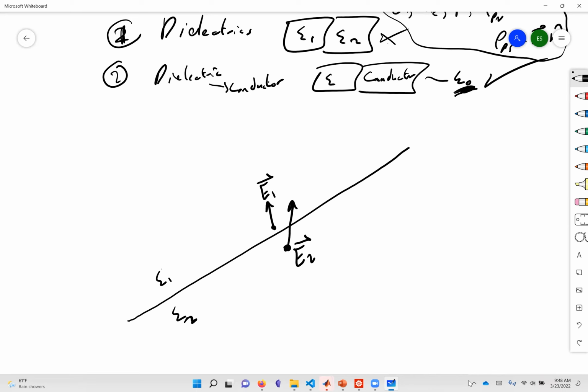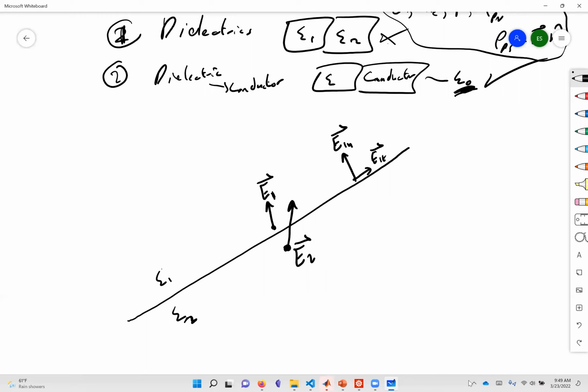What we can do is decompose the field into a tangential component, E1t, and a normal component, E1n. So just after the interface, we decompose the field into a tangential component and a normal component.